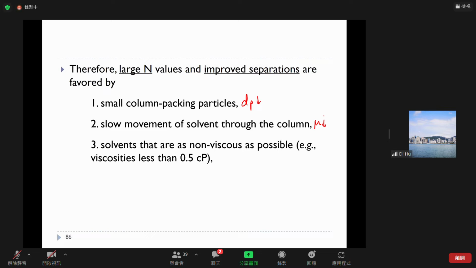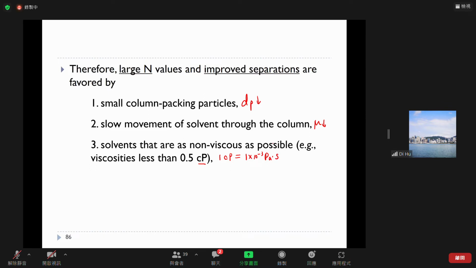Let me see, I have some numbers I wrote somewhere. Yeah. Normally when we talk about viscosity, it is in the unit of centipoise. 1 cP equals 1 times 10 to the minus 3 Pascal seconds.